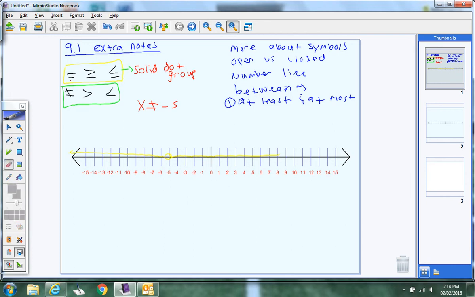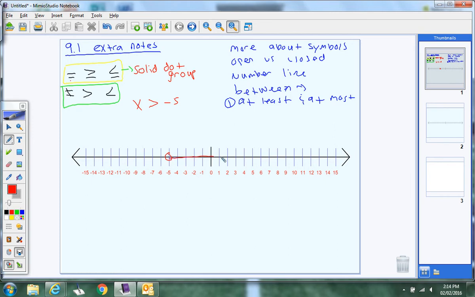Okay, so let's change it to x greater than negative 5. So x greater than negative 5 means I have to be bigger than negative 5, but we stick with the same open dot at negative 5. Because it still can't be negative 5, we want bigger than negative 5.